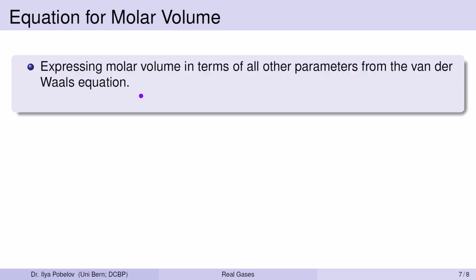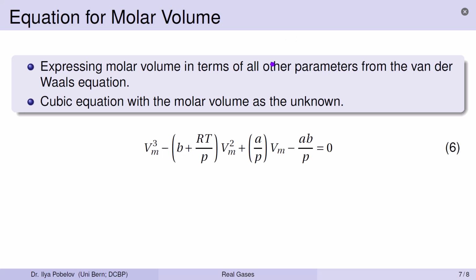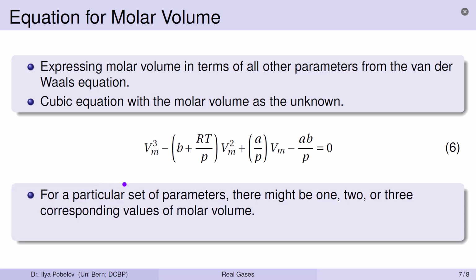We can also express molar volume in terms of all other parameters from the van der Waals equation. In doing so, we obtain a cubic equation with molar volume as the unknown, as displayed on the slide. Solving such equations can be quite challenging. A cubic equation can possess 1, 2, or 3 solutions. This implies that for a particular set of parameters, there might be 1, 2, or 3 values of molar volume corresponding to that set.